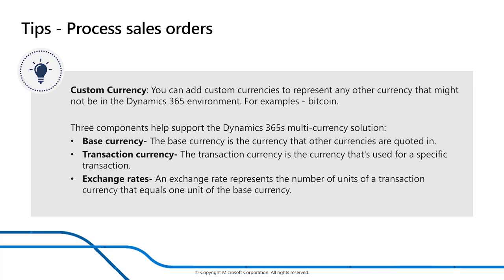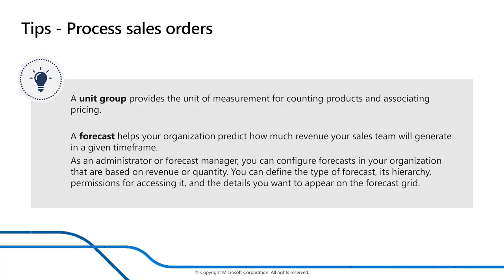And then we've got our exchange rate. An exchange rate represents the number of units of a transaction currency that equals 1 unit of the base currency, i.e., it could be, say, 1 Australian dollar to, say, maybe 75 US cents. So that could be the exchange rate that we're dealing with at this point in time.